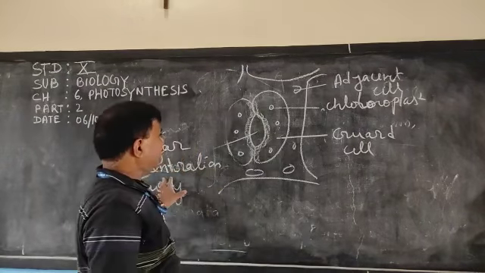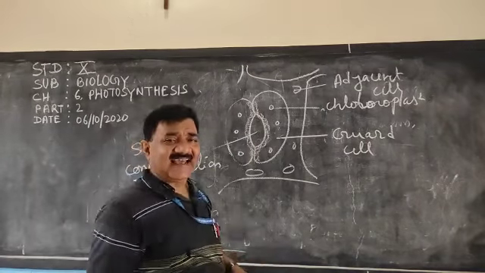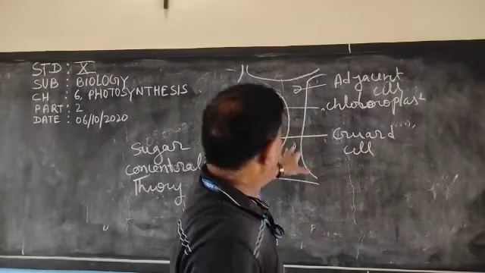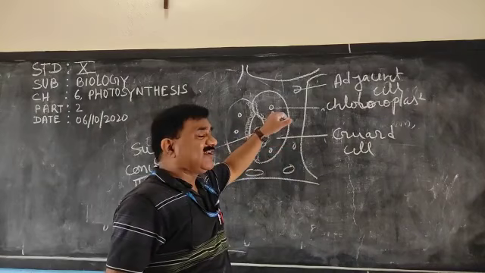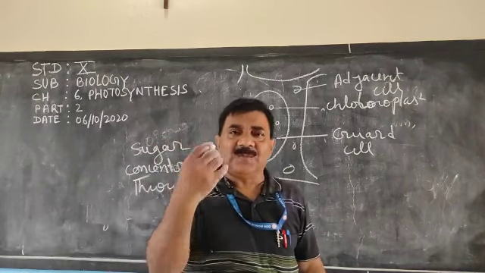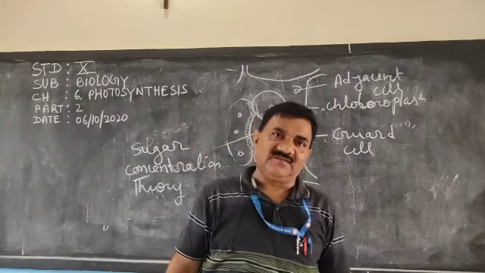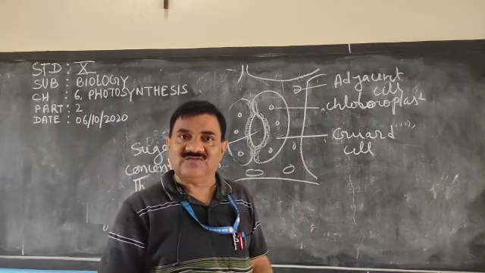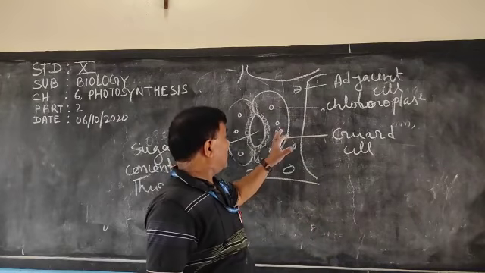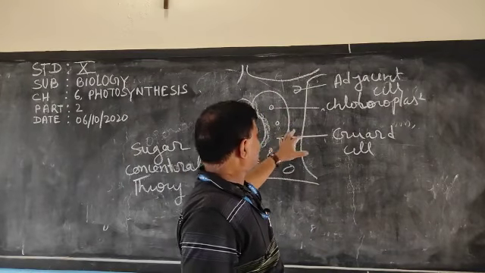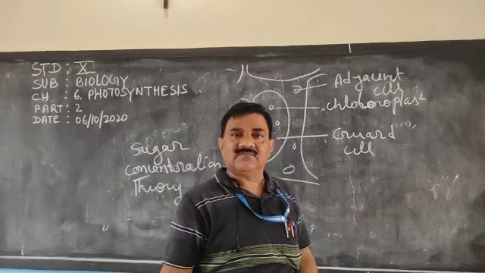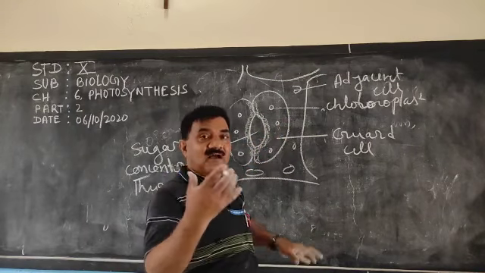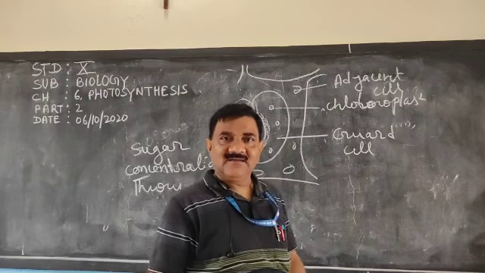In the sugar concentration theory, during daytime, when sunlight is available, the chloroplast in the guard cell will do the work of photosynthesis. And what is the end product of photosynthesis? Glucose. And glucose will increase the concentration of the solution. Glucose is formed and this solution will become more concentrated.